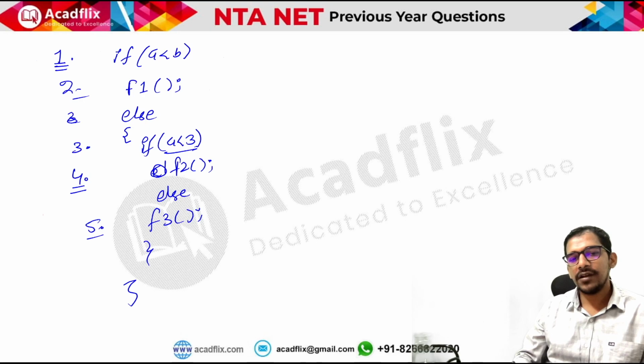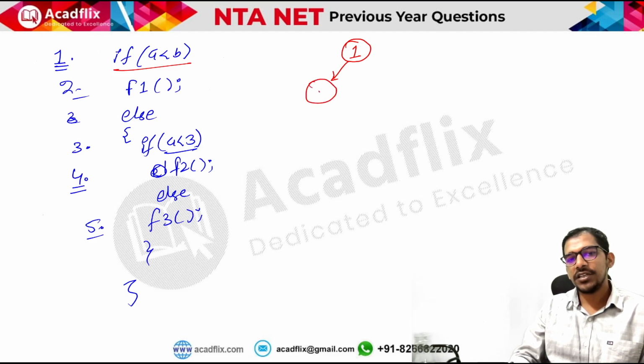How can you make the graph for this particular program? I have given the names to the statement numbers. The first statement is a conditional node, right? This is a predicate node because we are checking a condition. So from this we can go to two statements. If the condition is true, then we go to statement number 2, that means we will call this function.